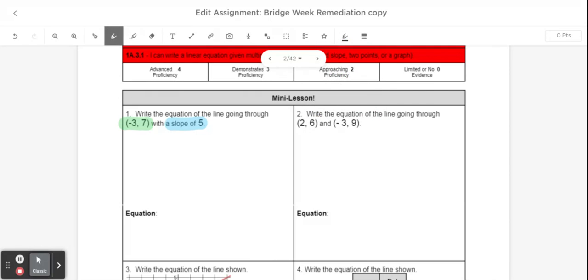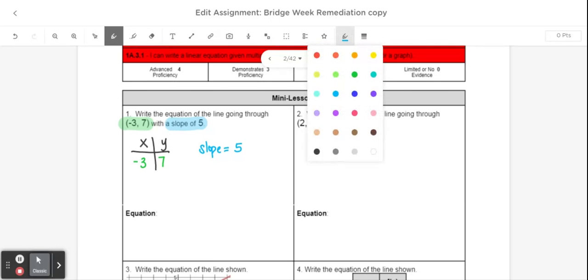If I go through the point -3, 7, then the x value of the starting point would be -3, and the y value would be 7. If I have a slope of 5, then on the side, I'm just going to write that my slope is 5. Now, because I have a starting x, a starting y, and a slope, I can put that together to make my equation.